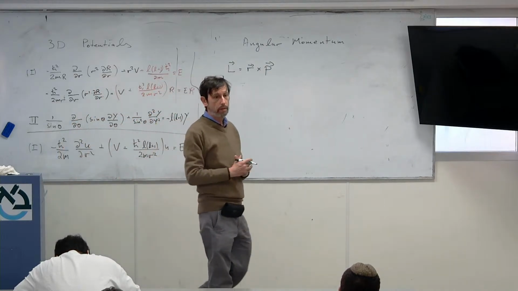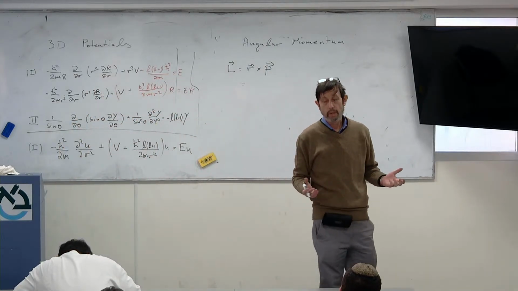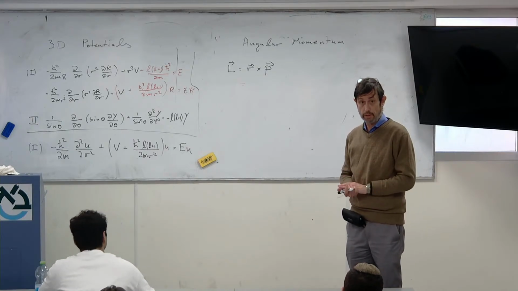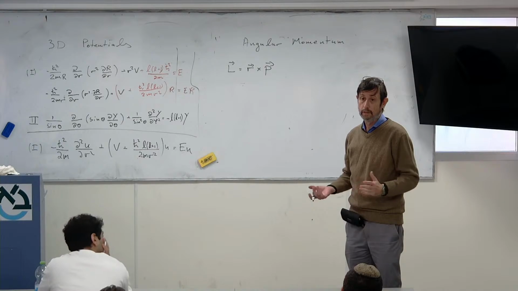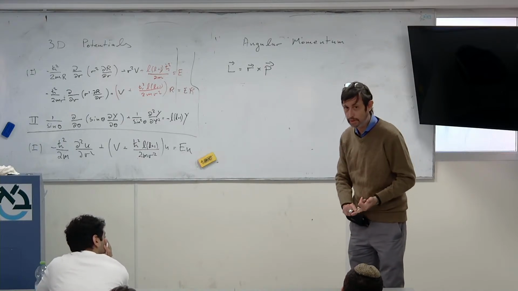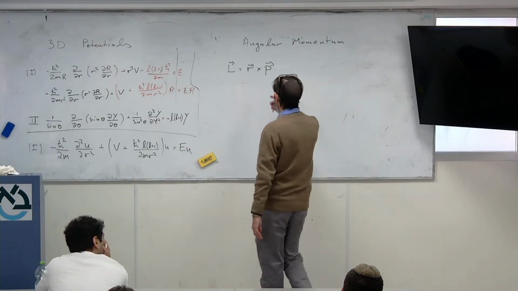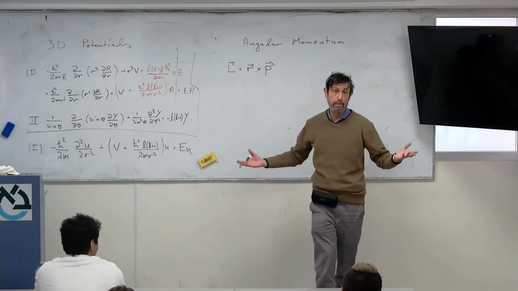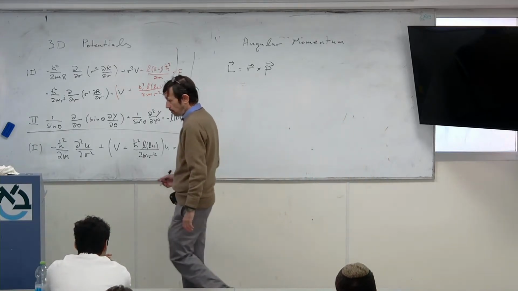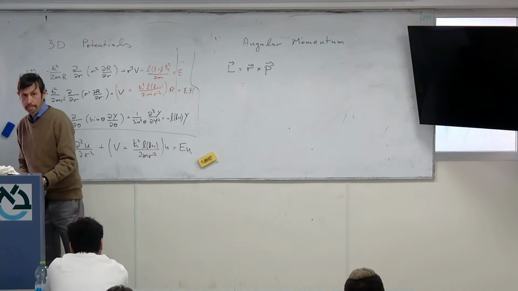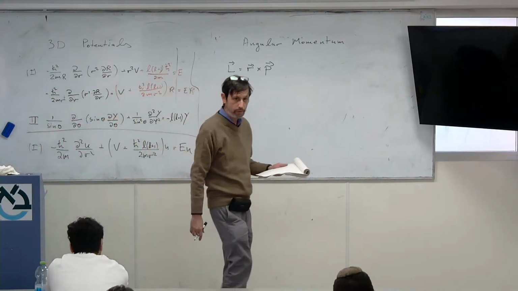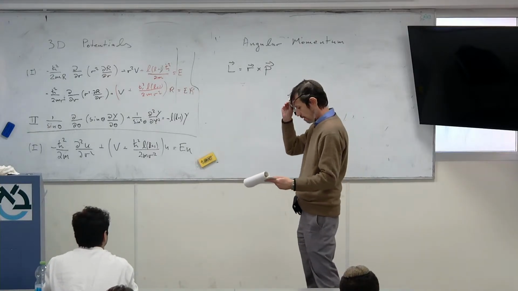We're doing quantum mechanics, so we need the operator definition. Since we know the operator definition of R, and we know the operator definition of P, and we know how to perform a cross product, we're in the game. So, pay attention. L is a vector, so it has 3 components. I write them down explicitly.